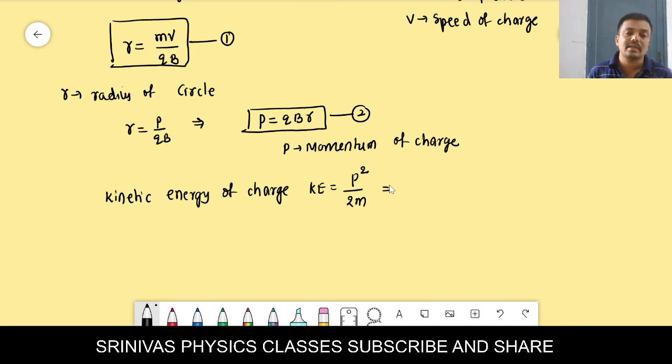Momentum is qBr from equation 2, so KE is equal to (qBr) whole square by 2m, where q is the charge, B is the magnetic field, r is the radius, m is the mass of charge. This is the formula for the kinetic energy of charge. We are deriving many formulas, and all these formulas are used to solve problems.